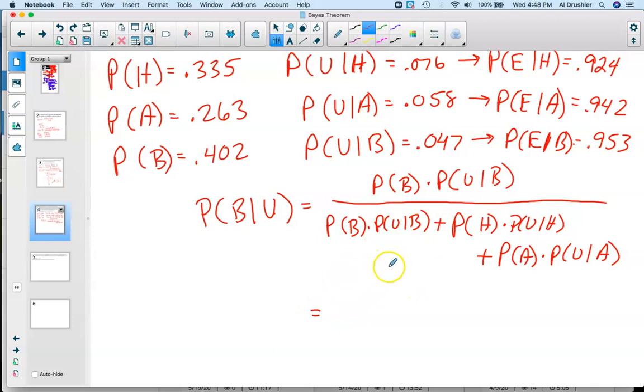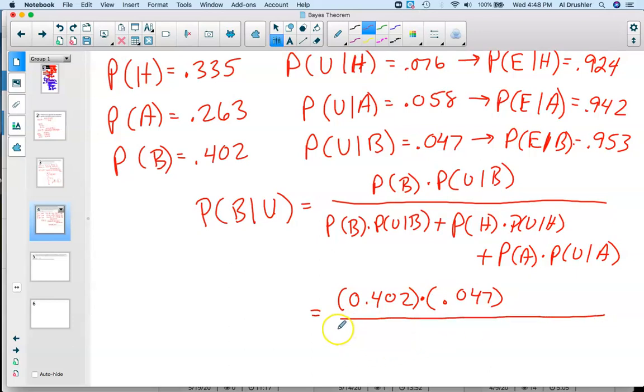Now we have all those numbers, so it is 0.402. I'm not going to put the zeros in anymore for the placeholders. Now we need times the probability of U given B, which is 0.047. So we're multiplying there.